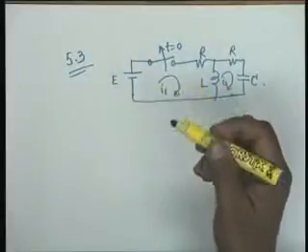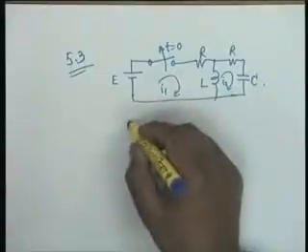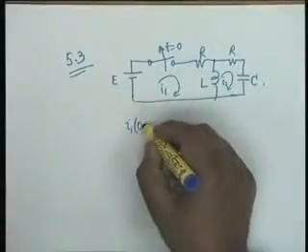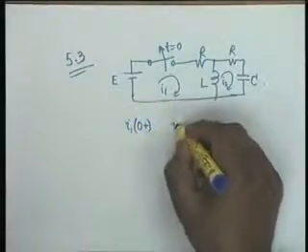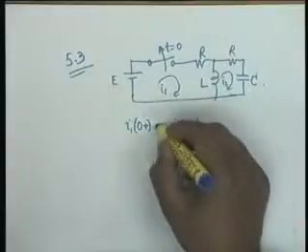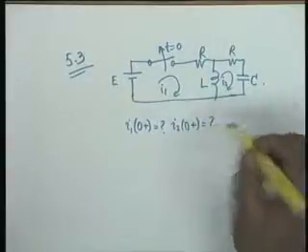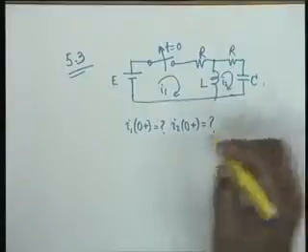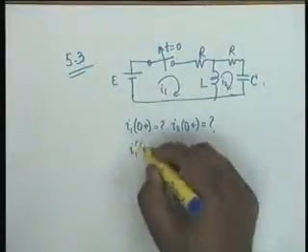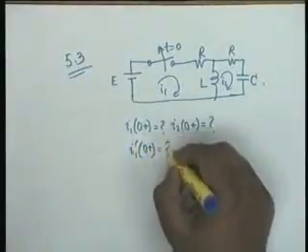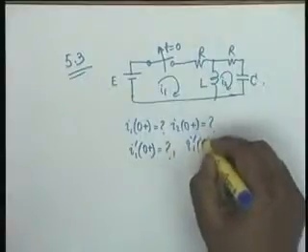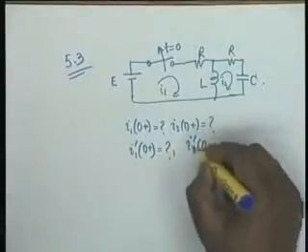Determine the initial conditions for the currents I1(t) and I2(t), that is I1(0+) and I2(0+). You have to find out this and their derivatives, that means I1'(0+) and I2'(0+).